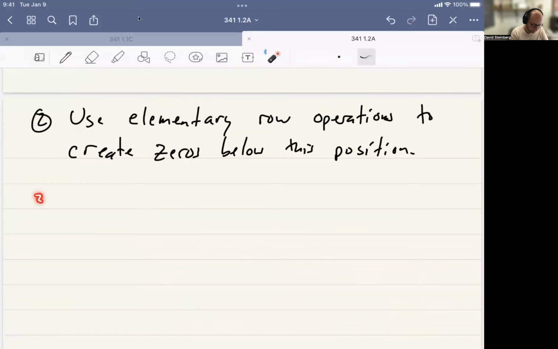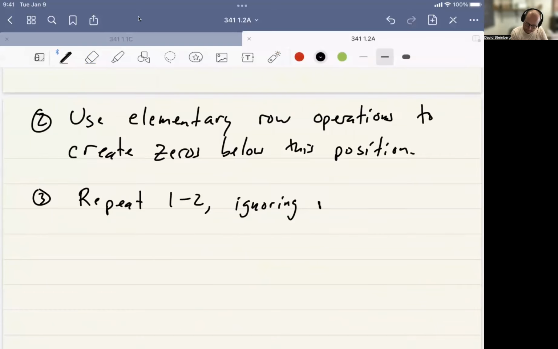Then step 3: do the same thing over again, moving one column to the right. Repeat steps 1 and 2, ignoring rows above, including the row containing the previous pivot.